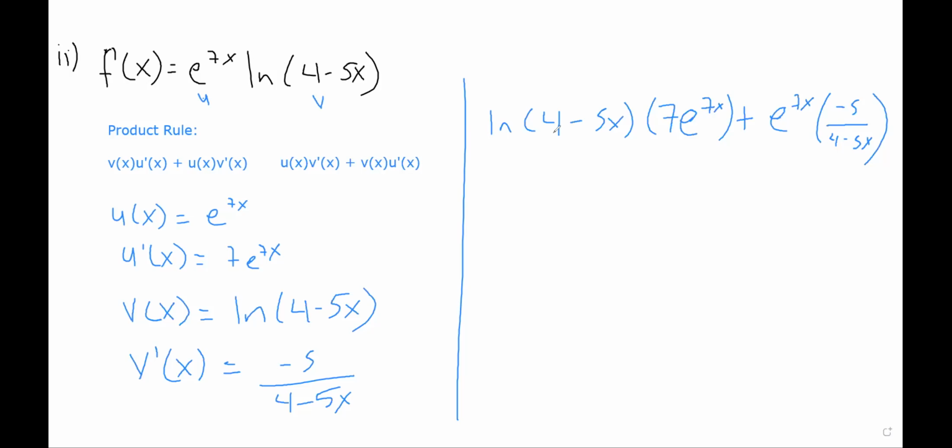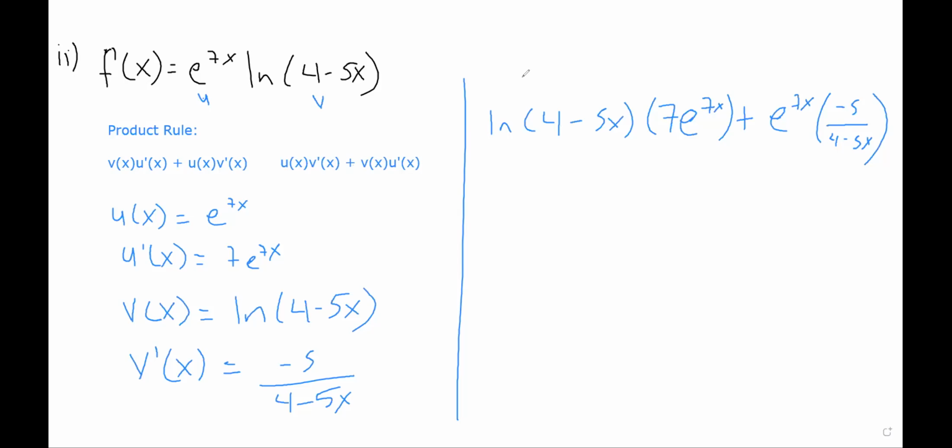Go back over the part where you differentiate the v. All right. So we said that our v, which is our second function, is equal to ln(4 minus 5x). Cool. And when you're finding the differentiation of an ln function, we need to find the differential of what's in the bracket and divide that by what's in the bracket, right?